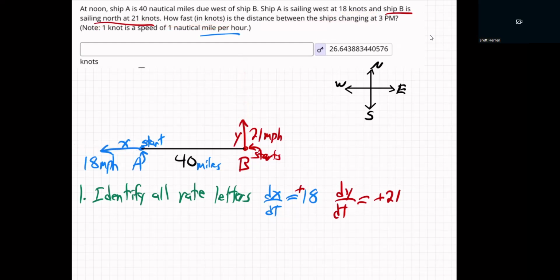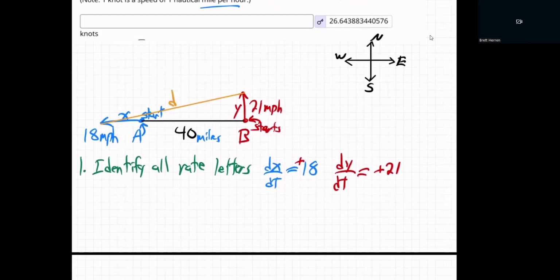Now what's the distance between the ships? Well, that'd be from right here to right there. That is the distance between the ships, right?